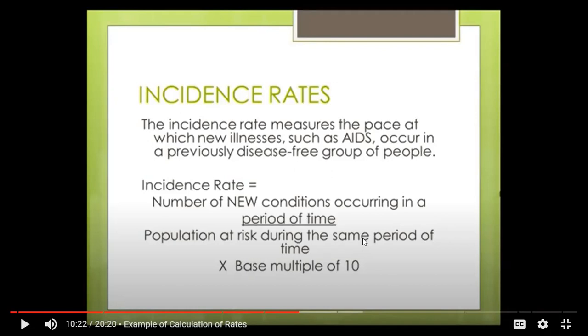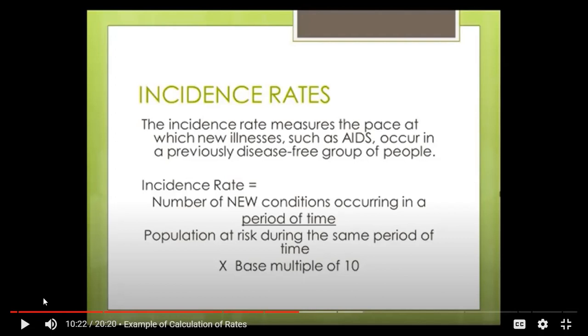So again, I want to recap it one more time. Incidence rate refers to the rate at which new events occur over a specific period of time. Or I can say incidence rate is the number of new cases within a period of time over the number of people at risk for the disease, and this number is called the denominator.